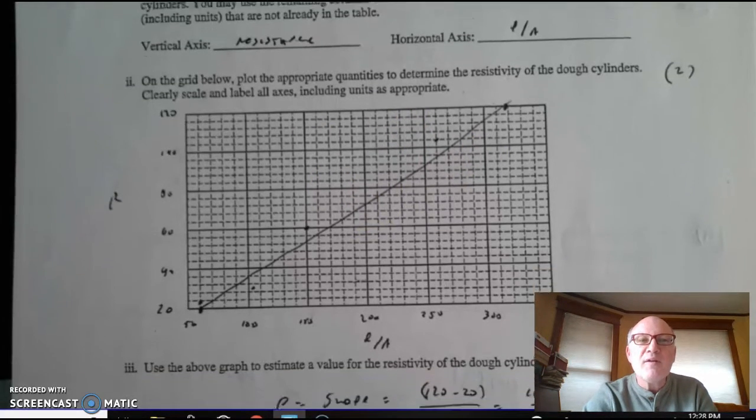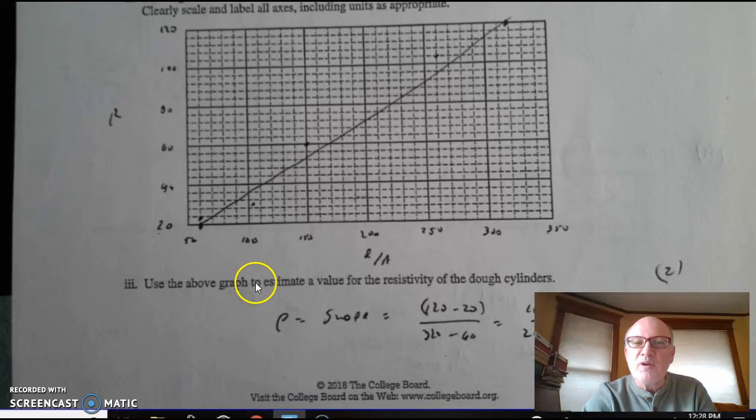And then the third piece here is to compute the slope to estimate a value for the resistivity. So I took 2 points on the line. I guess I took this point right here, and then this point right here.